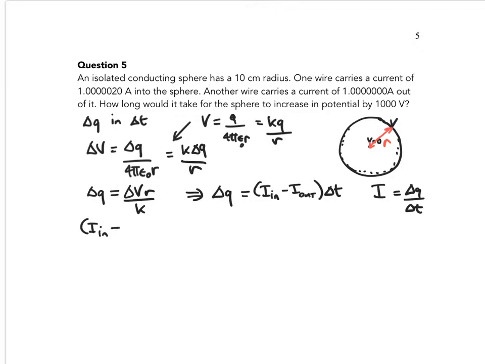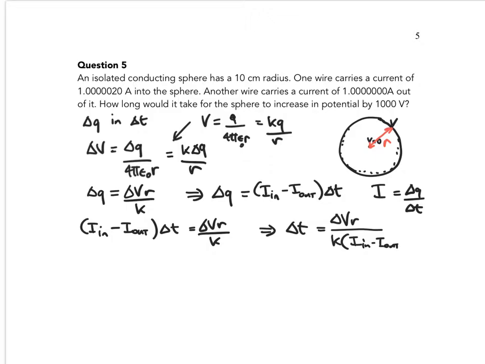I in minus I out, these are things that we have, times delta T equals delta V R over K. And we can solve for delta T. So delta T is equal to delta V R over K times I in minus I out.